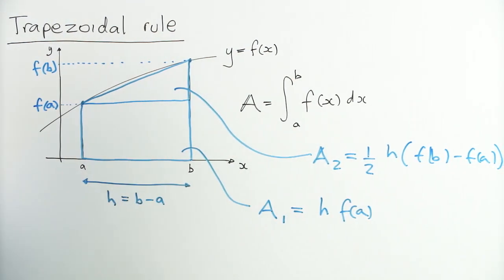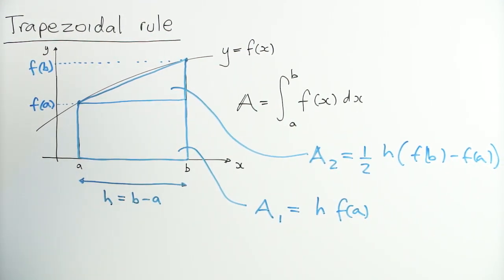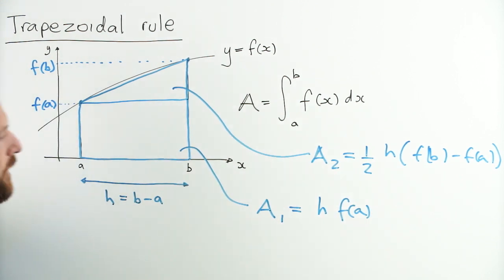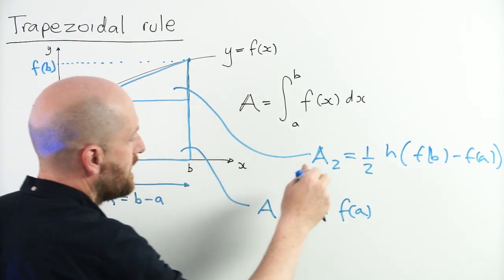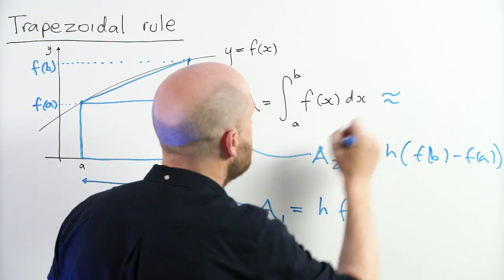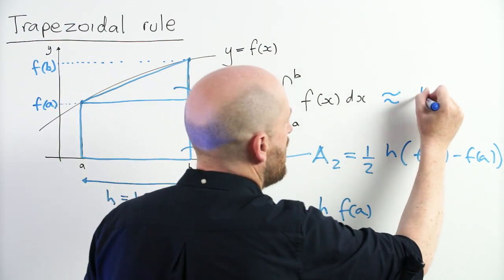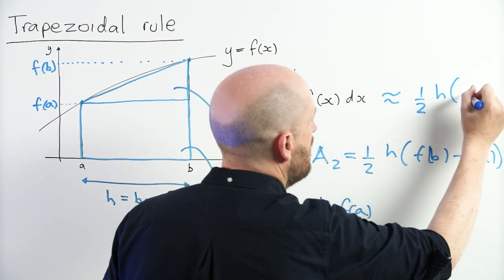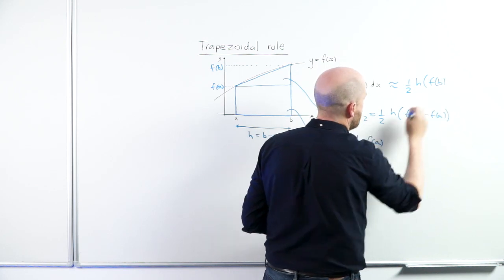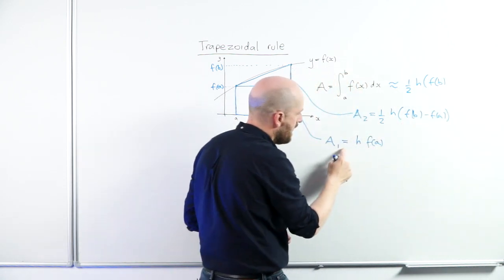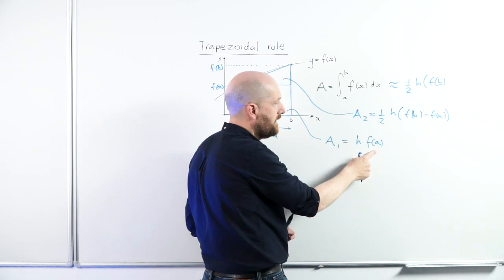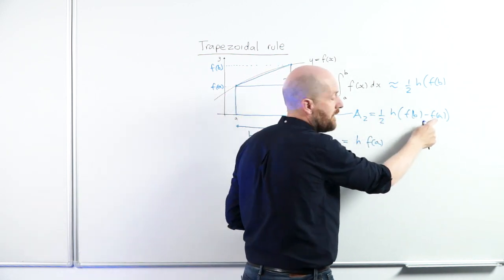Adding these two areas gives me an approximation for our full area. If I add these two up, what I get is this approximation for my area, which is a half h f(b), and then I add on h times f(a) and a half h times f(a) subtracted.